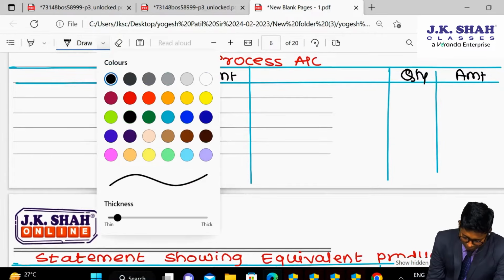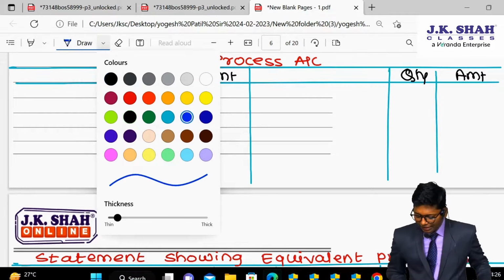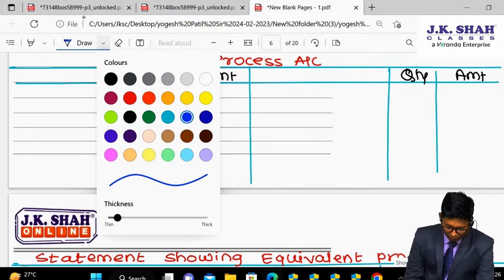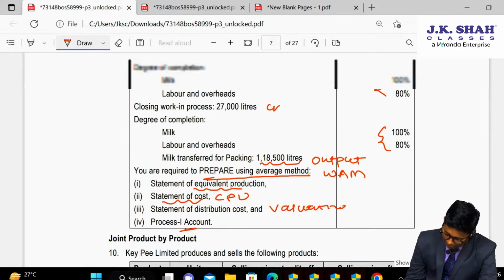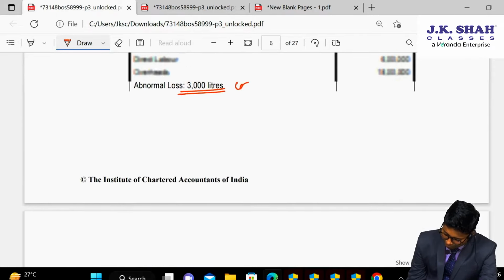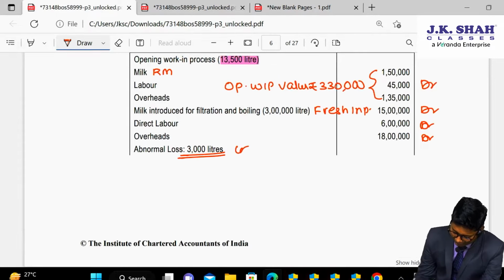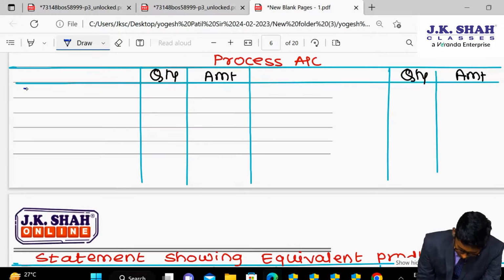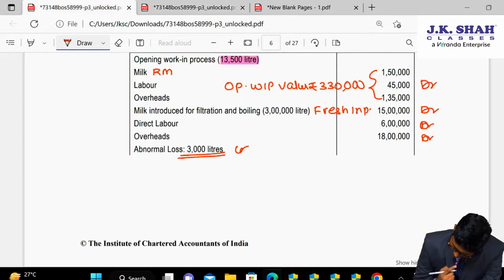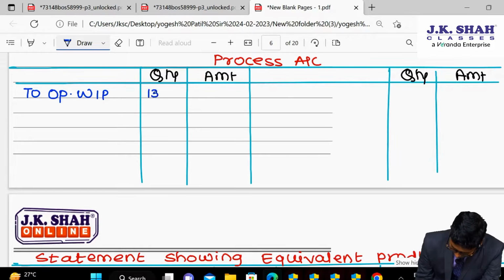Now, in the process account, on the debit side, you should record all the expenses, and expense number 1 to be recorded on the debit side is opening WIP. So I am starting with posting. The opening WIP quantity is 13,500 liters, and the value we computed just now is 3,30,000.